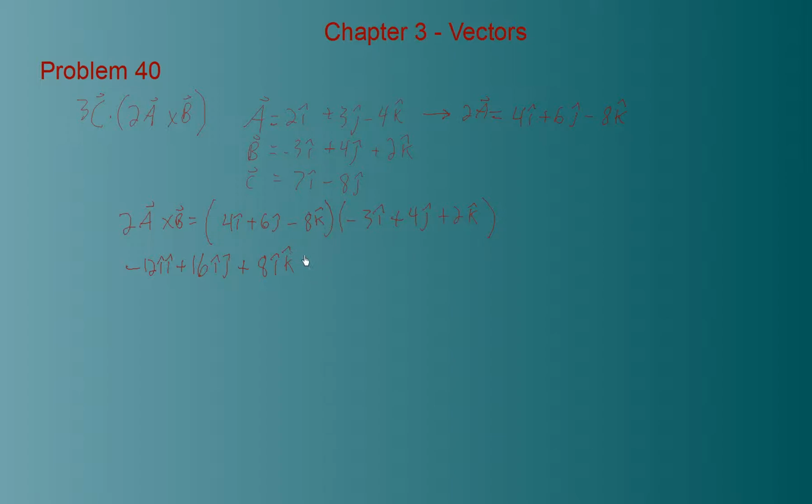Hopefully you can follow along. It's just the distribution property. So minus 18JI, and the order matters. Don't lose the order. Don't write IJ.